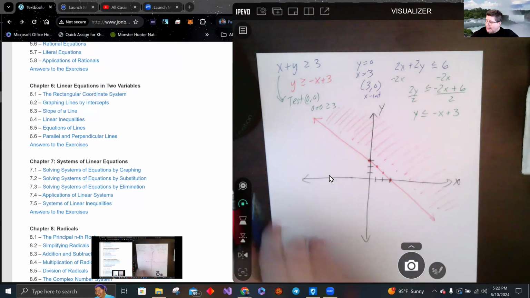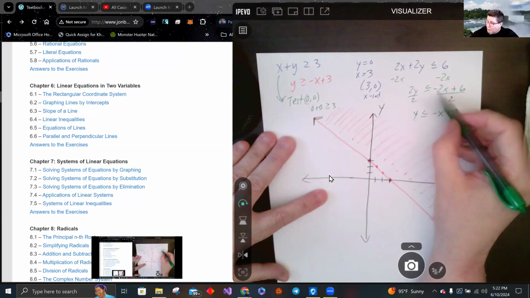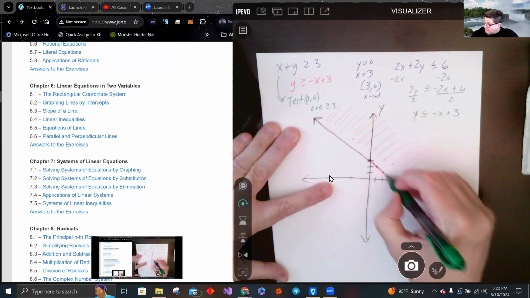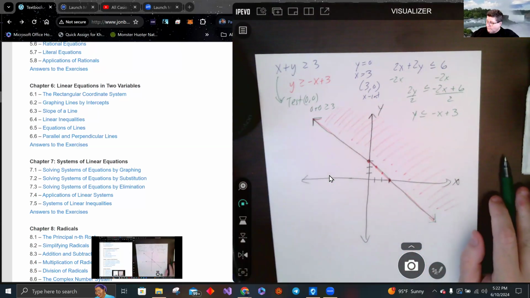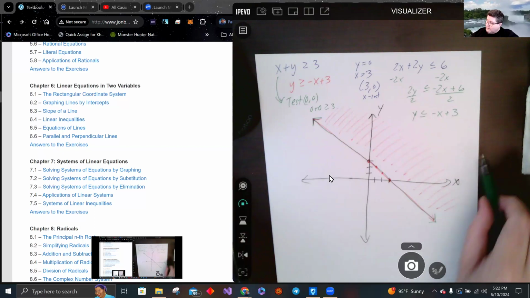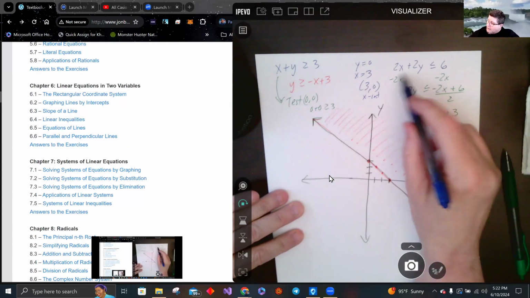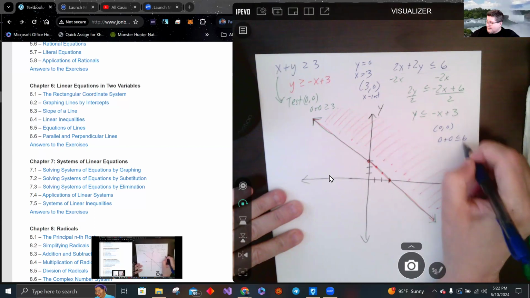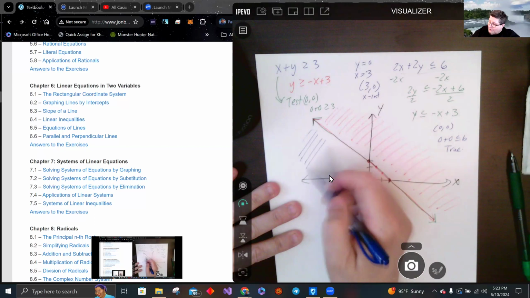On this one, I had the same line, and it's an equal portion, so that's pretty important. And we'll test 0, 0 over here. 0 plus 0 is less than or equal to 6. That's true. In this case, we're shading downward on this line.